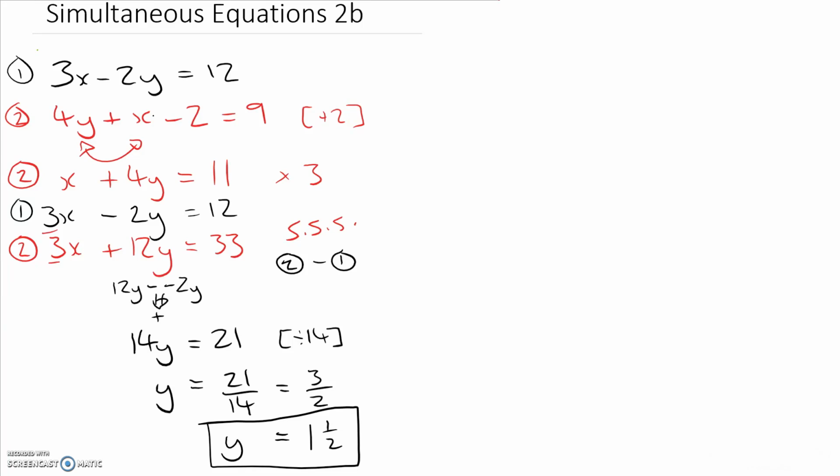Which equation shall we go for? Doesn't matter. Let's go for our 3x minus 2y equals 12. So we'll substitute in our y value. It's our y value we know this time. So it's the y value we're going to put into our equation.